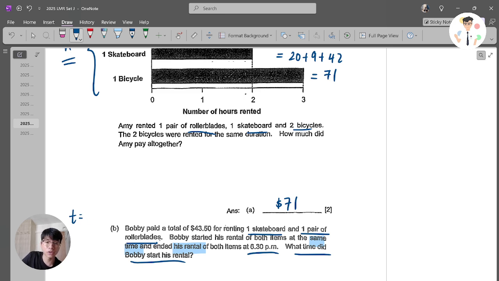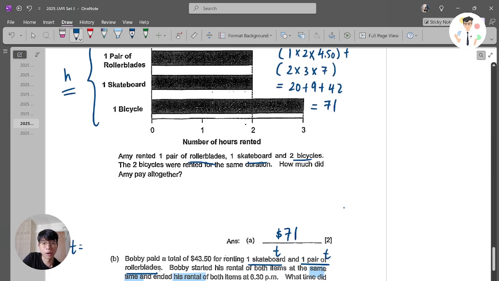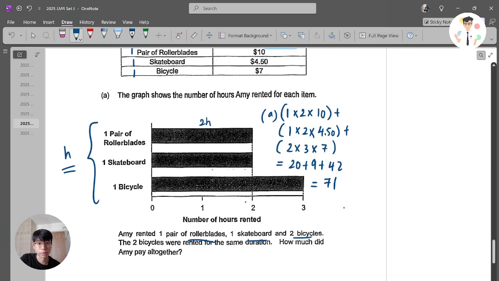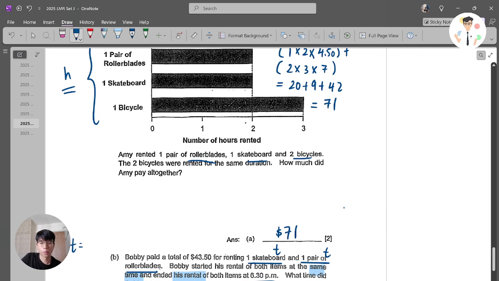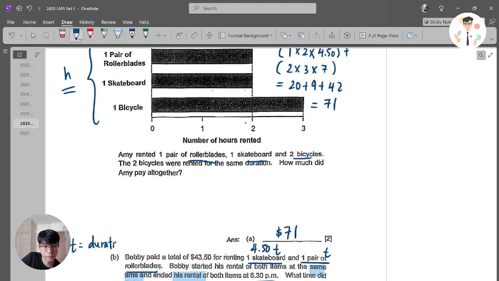So let's try to put here T. Here will be T. Now, skateboard actually costs how much? $4.50. So I can put here $4.50, and T will stand for duration per hour, okay?